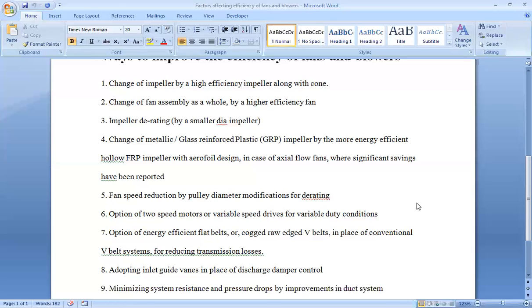Or even we can have variable duty conditions. So what are variable duty conditions? For example, instead of running the fan for 100% of the time, what can we do?